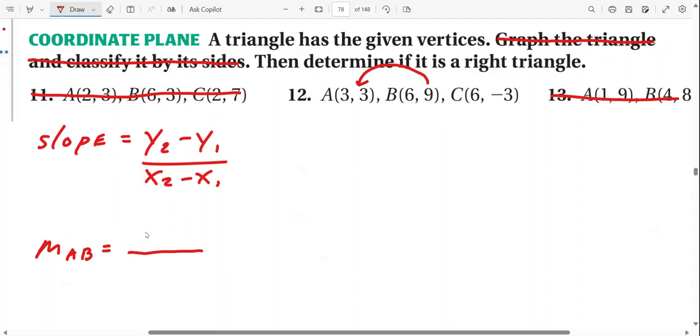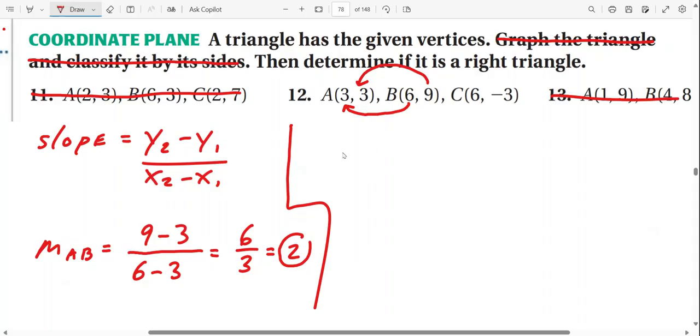Okay, it doesn't matter, but you have to do each one the same direction. And when I say each one, I mean the x's and the y's. So if I went right to left on the y's, I have to go right to left on the x's, and that's going to be 6 minus 3. Okay, so we're looking at 6/3 or 2. That is one slope.